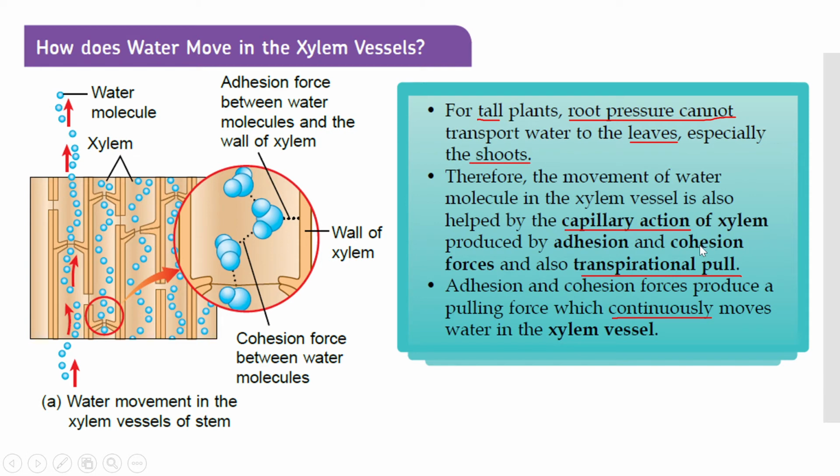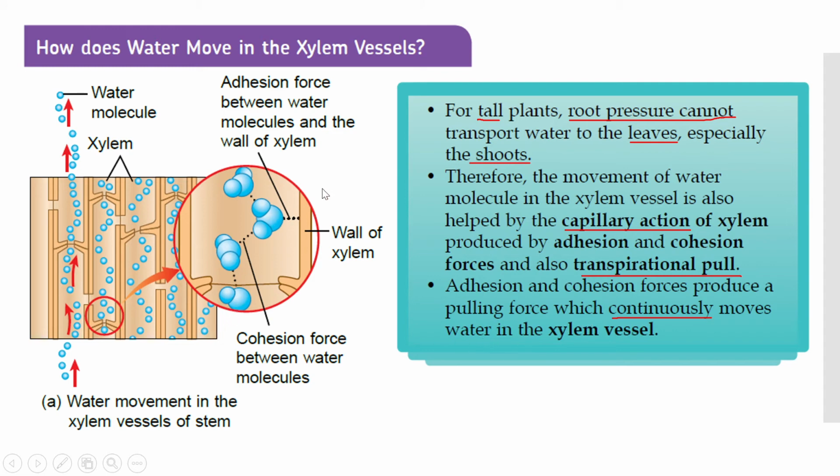Together with the transpirational pull. So adhesion and cohesion forces produce a pulling force, which continuously moves water in the xylem vessels. Cohesion and adhesion forces, we're talking about this capillary action. It will continuously move the water up in the vessels.